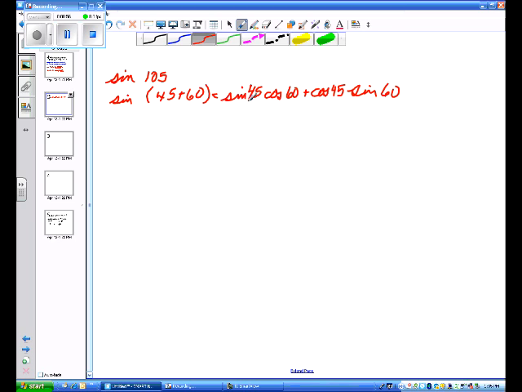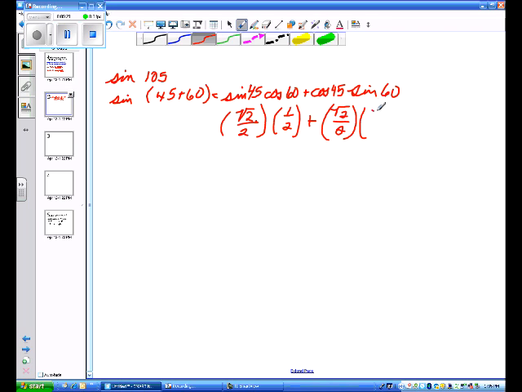So the sine of 45, we've learned to be the square root of 2 over 2. We're in the first quadrant, so it's positive. The cosine of 60 is 1/2, in the first quadrant, so positive. The cosine of 45 is square root of 2 over 2, first quadrant, positive.